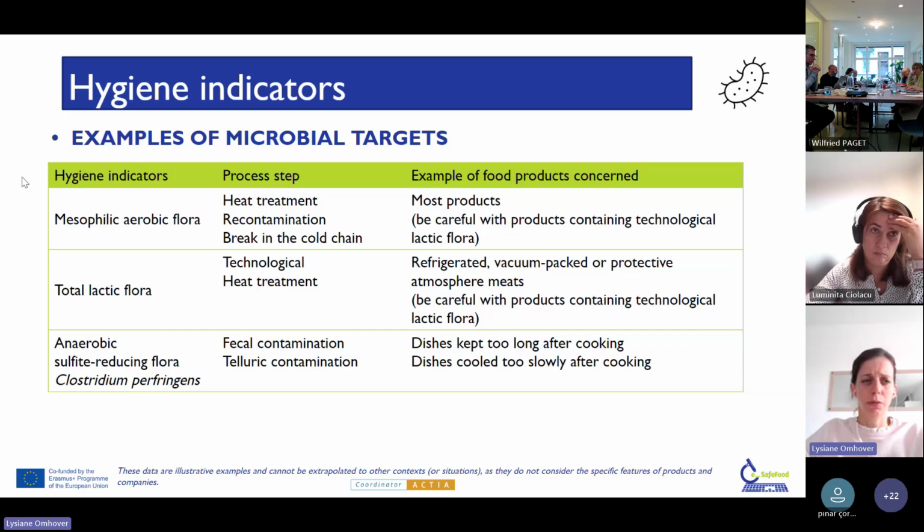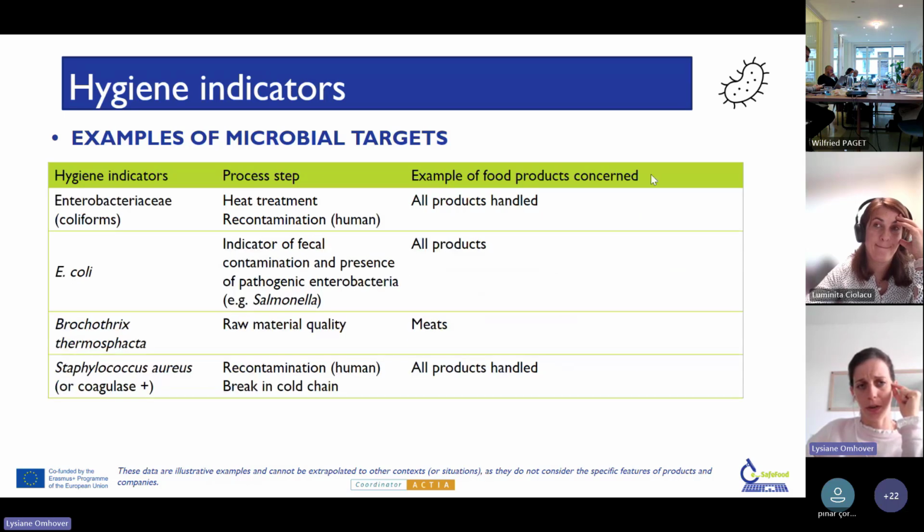Here in this table, we have listed some examples of microbial targets. In the first column, you can find hygiene indicators such as mesophilic aerobic flora, total lactic flora, or anaerobic flora. For each hygiene indicator, we present the process step where they can contaminate the products. And after, we put some examples of the food concerned.